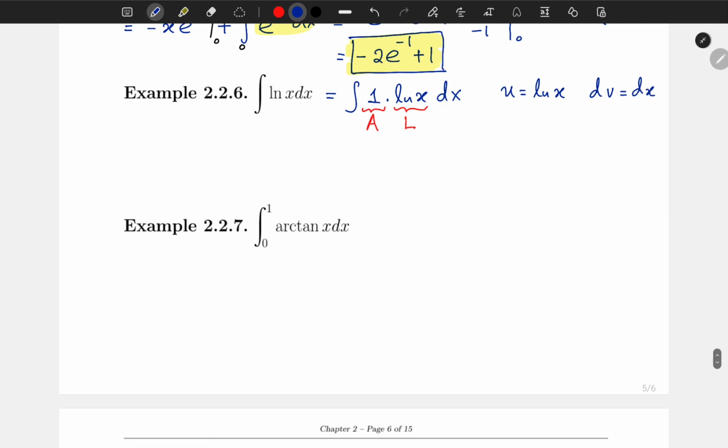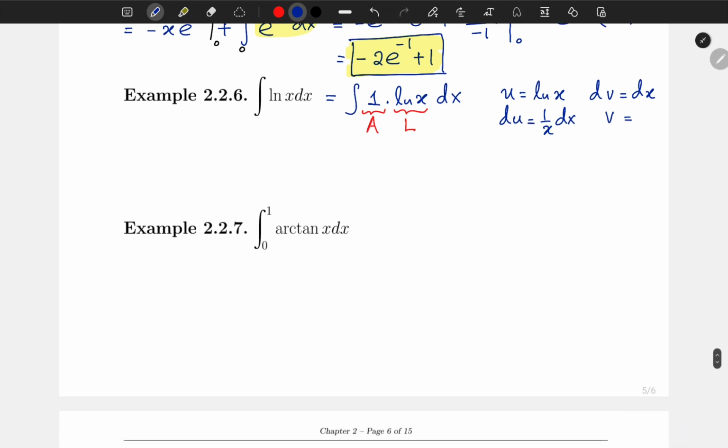So just dx. Okay, so we have decided what u will be and what dv will be. Then we can find the derivative of u. Derivative of ln x is 1 over x dx. Integral of dv, integral of dx is just x.